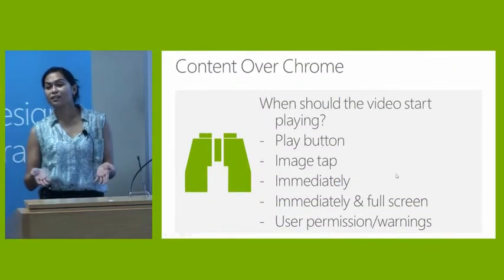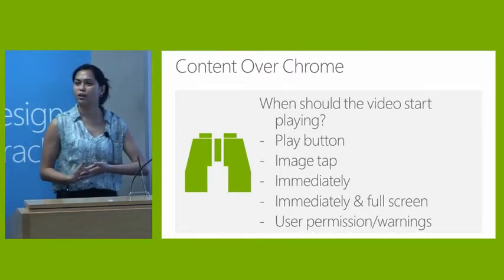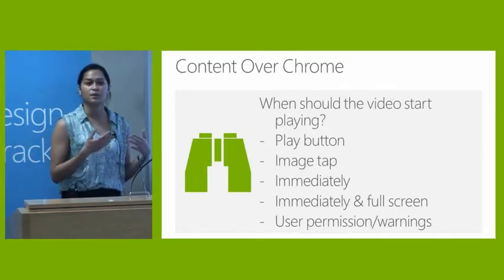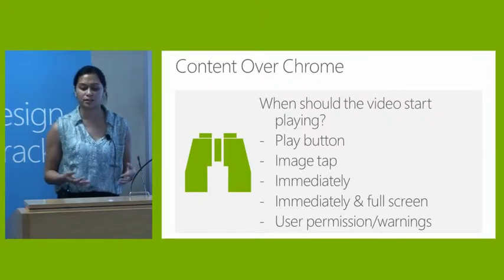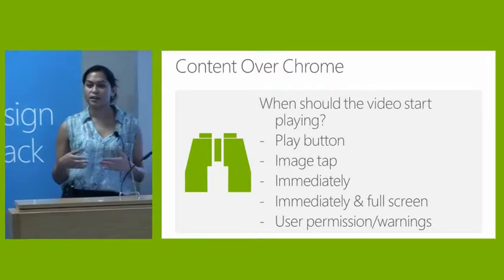This was another question. I've selected a talk. What should happen next? Whether it's from a section view, whether it's from the hub, or even a detail view, right? What should happen next? When should the video start playing? Should it start playing with a play button?